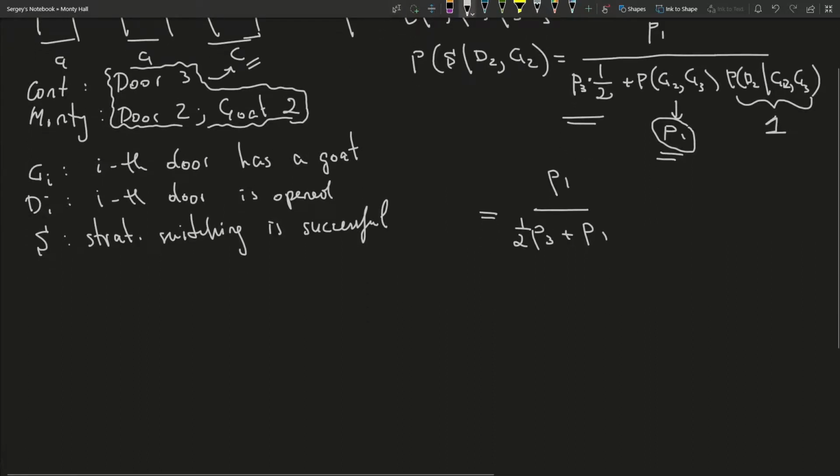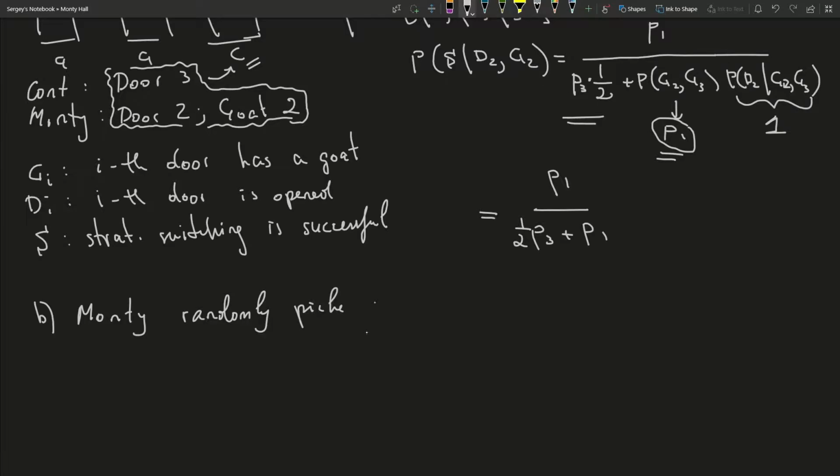So for part B of the problem, we're told, okay, what if Monty does not always open the door with the goat behind it, but rather Monty randomly picks a door to open? How is this scenario different from what we did in part A?